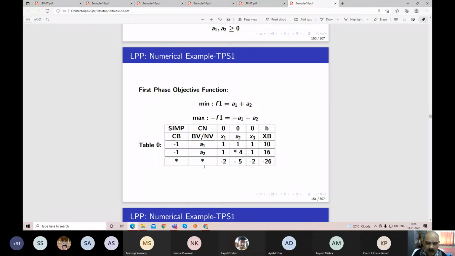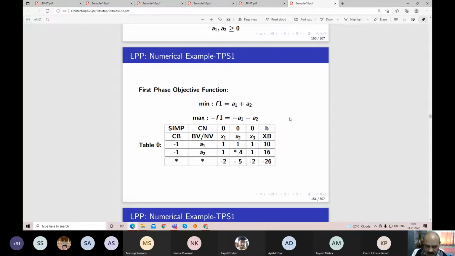Now we have an objective function. What is that objective function? The objective function is maximize minus f1. This objective function is known as the first phase objective function. This is equal to minus a1 minus a2. I can add something more: 0 times x1 plus 0 times x2 plus 0 times x3.